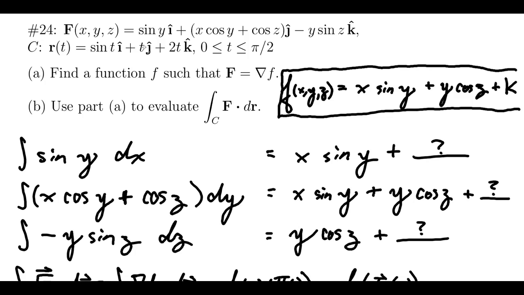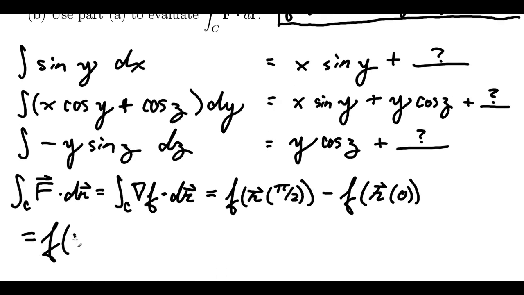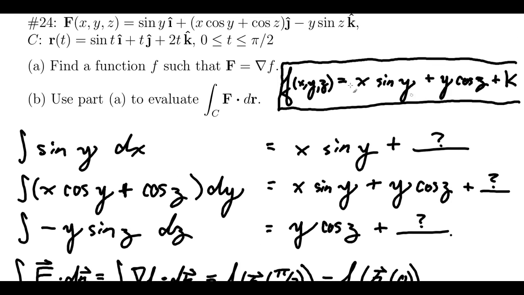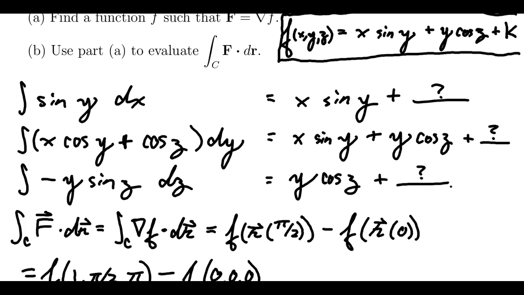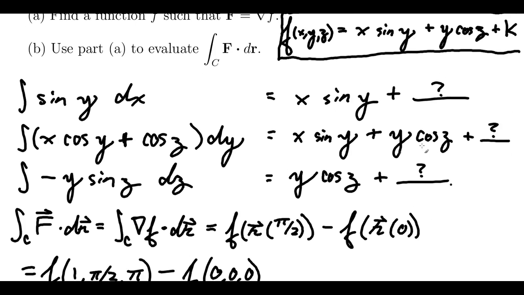So we get 1, pi over 2, pi, minus f at 0, and that is 0, 0, 0. I keep going up to that, but it's the same as what I have here, so let's do that.